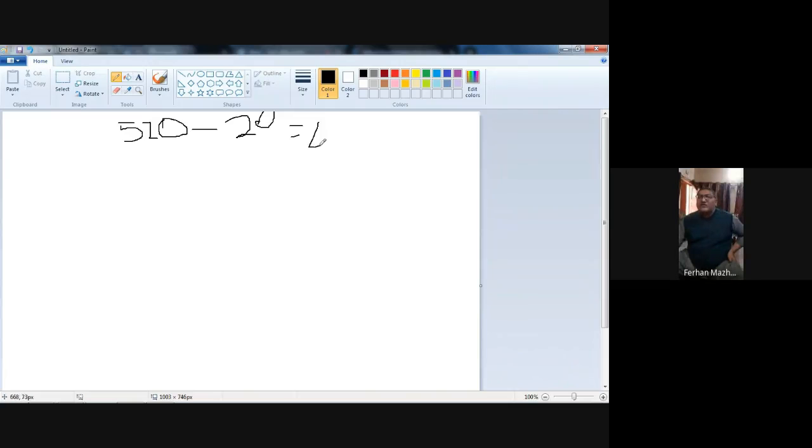So the actual sample's reading is 500. 520 minus 20. Whatever the reading is, it includes the background radiation. So first of all, I will subtract the background radiation from the reading of my detector. So the reading purely coming from the sample should be 500.